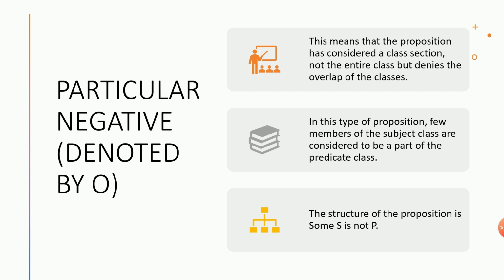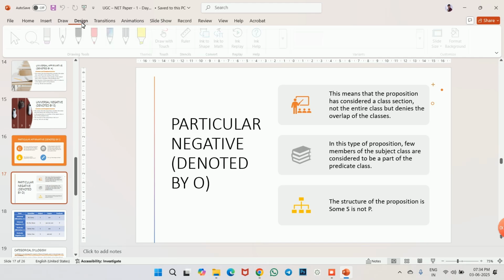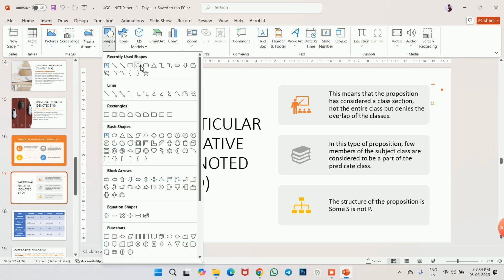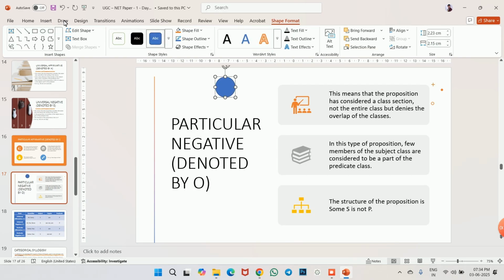Let me try to draw something. See here, one circle is there, and if I draw another circle over that, now the inner circle is overlapped by the outer circle, that is, the blue circle is overlapped by the green circle.